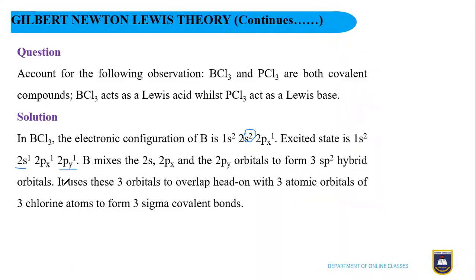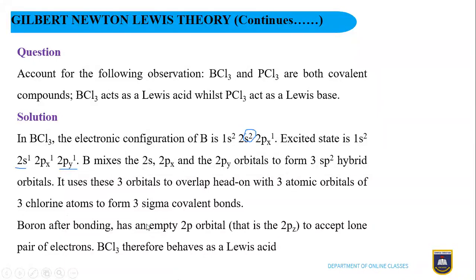Now it uses these 3 orbitals to overlap head-on with 3 atomic orbitals of 3 chlorine atoms to form 3 sigma covalent bonds. But there is one orbital left.